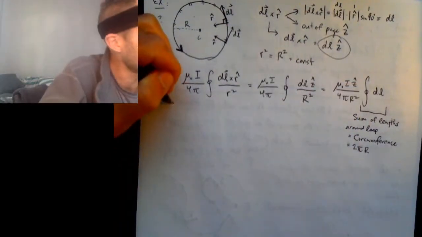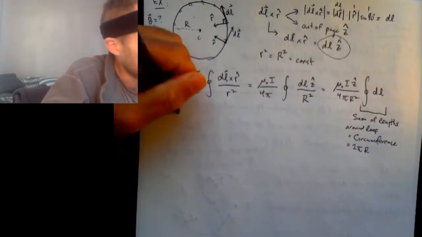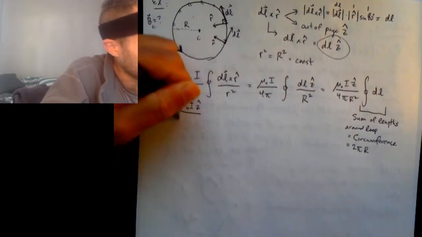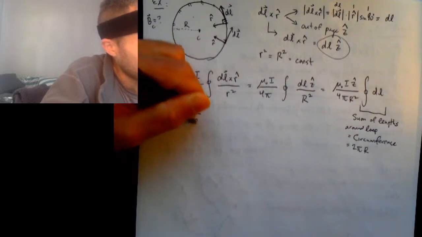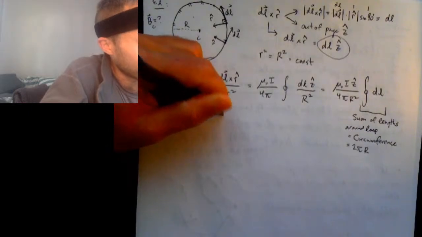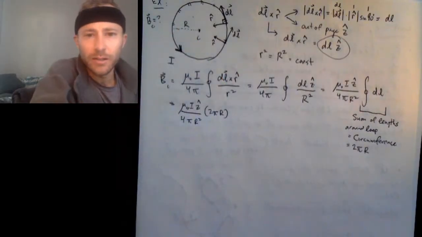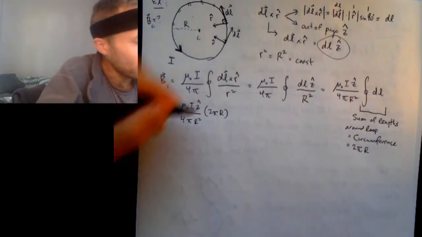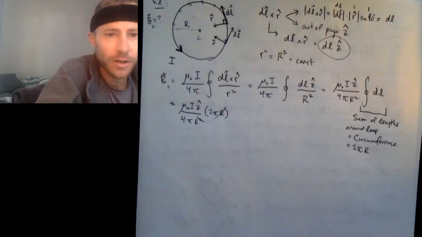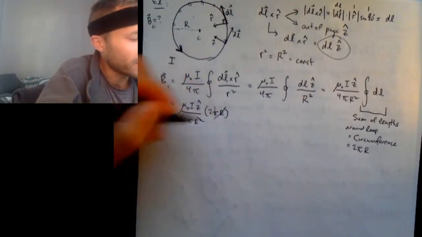So what we get is mu naught I z hat over 4 pi r squared times the value of the integral, which is 2 pi r. Then we can simplify. This factor of r cancels out one of the factors of r in the denominator. The pi cancels out.